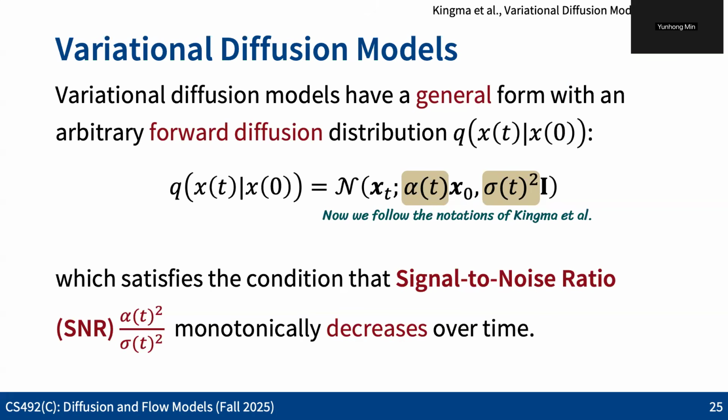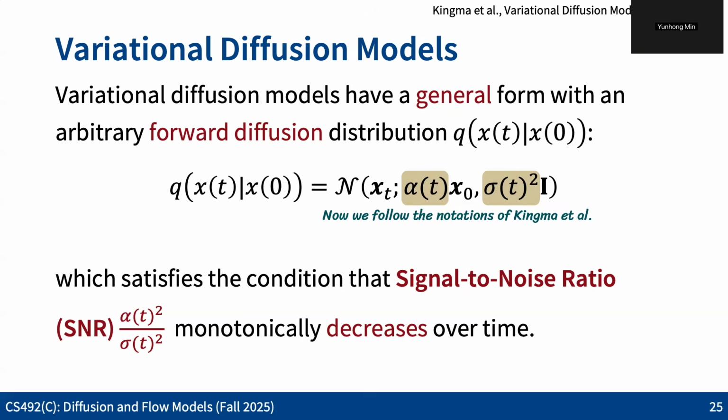For any alpha and sigma functions defined in this way, we can say that this will be one specific case of defining the forward process of diffusion models. So that's one key thing, right? So you can now make your own version of the diffusion models that satisfies this.